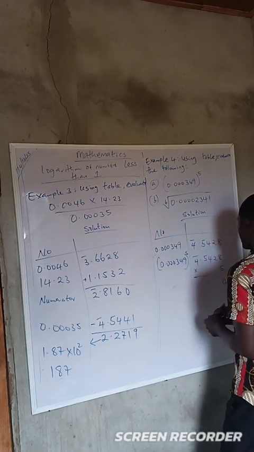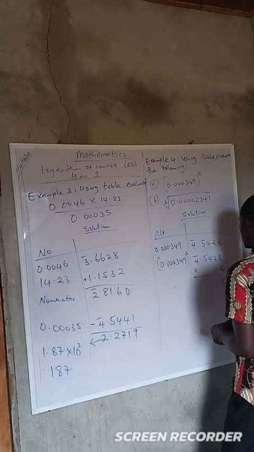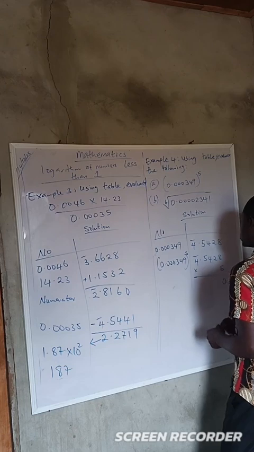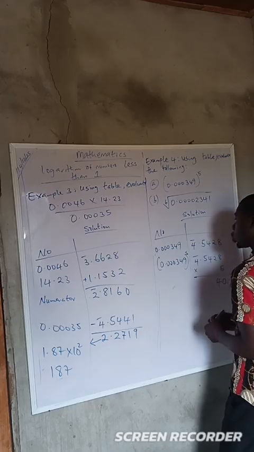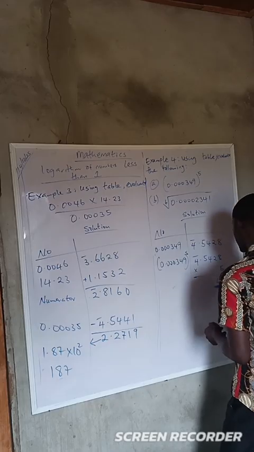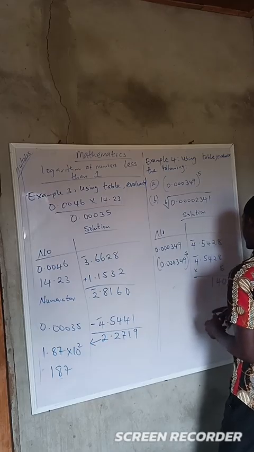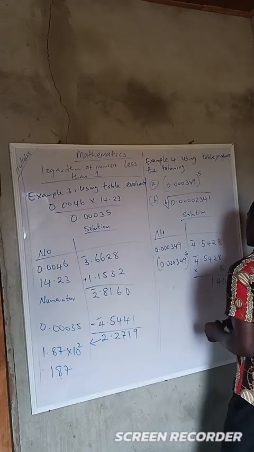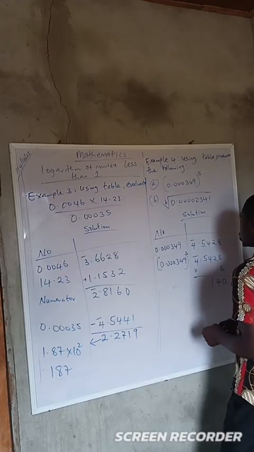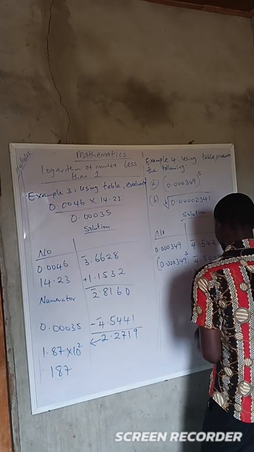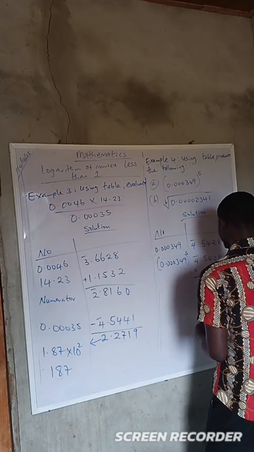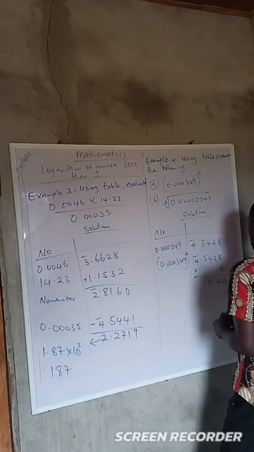Write 0, carry 4. 5 times 2, that's going to give us 10 plus 4. You have 14. You write 4, you carry 1. 5 times 4, you have 20 plus 1. That's 21. You write 1, you carry 2. Then 5 times 5, you have 25 plus 2, you have 27. You write 7, carry 2.